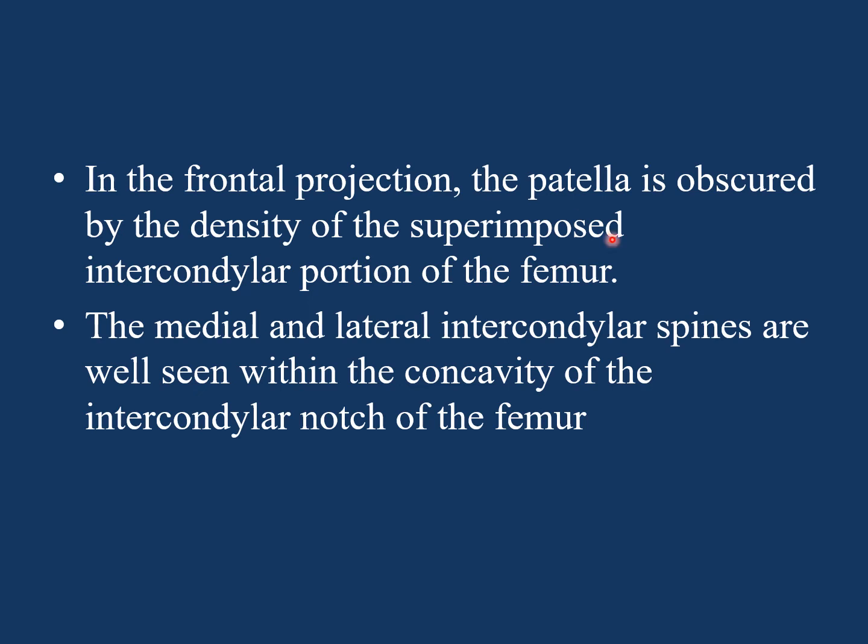In the frontal projection, the patella is obscured by the density of the superimposed intercondylar portion of the femur. The medial and lateral intercondylar spines are well seen within the concavity of the intercondylar notch of the femur.